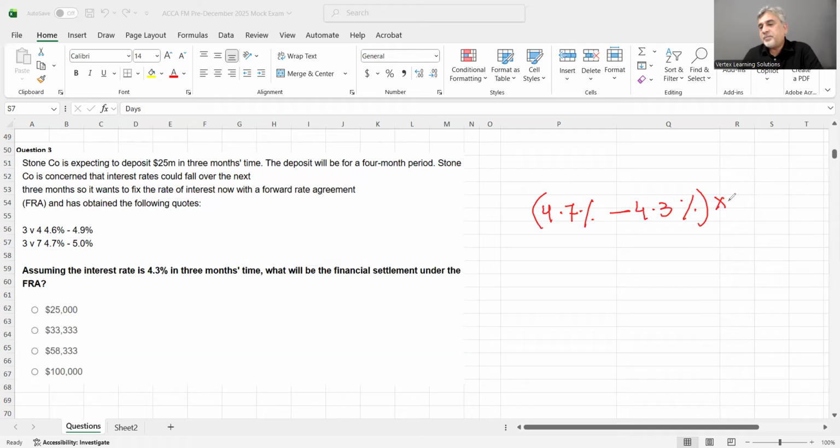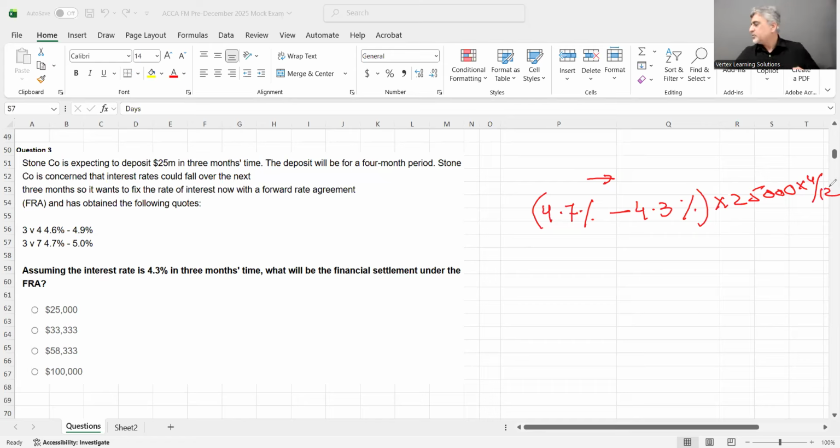I have to multiply it because this is going to be my income or earning, 25 million. And this interest rate, 4.7 minus 4.3, is annual. I have to make it for a period of 4 months, so I do it with 4 by 12.